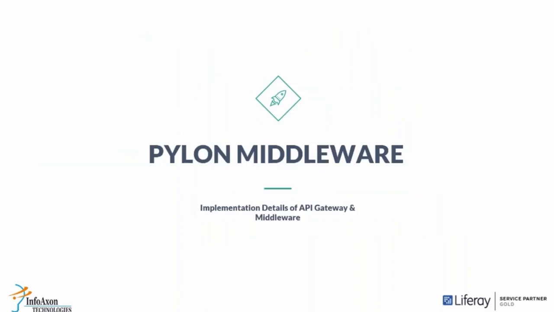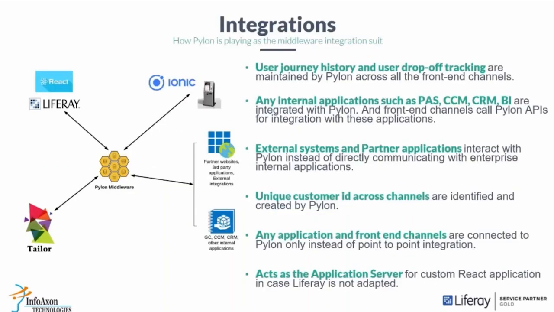Going on, the Pylon framework. In this architecture, Pylon works as the glue between all the applications. Thus, no application needs to talk to any other application or any other source system with one-to-one connectivity.